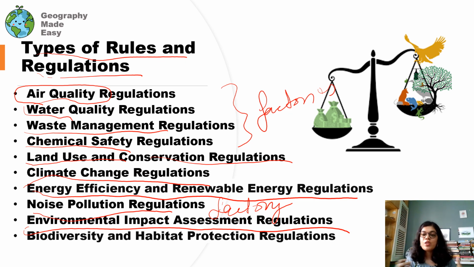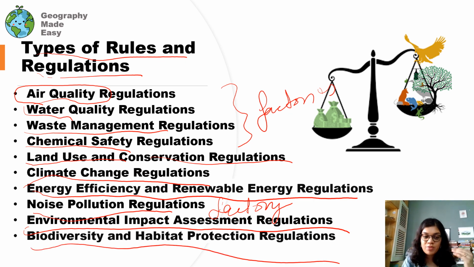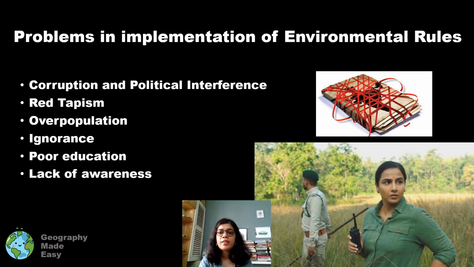Now of course we know that there are a lot of problems here, but we'll see that later. And we have biodiversity and habitat protection, so again forests and conservation, and this is linked with the environmental impact assessment regulation as well.